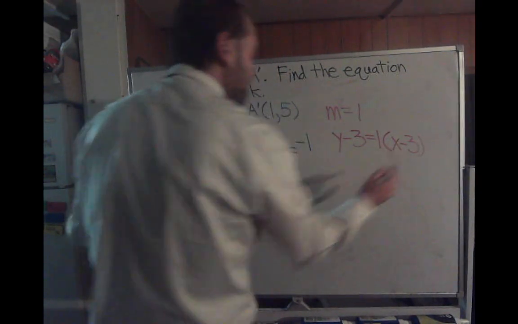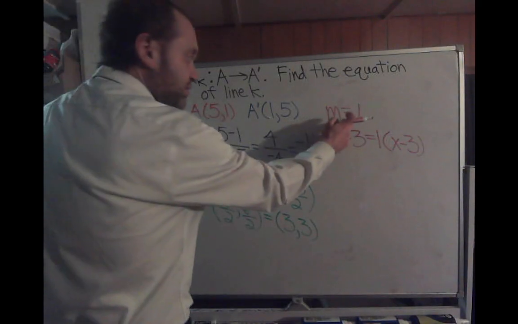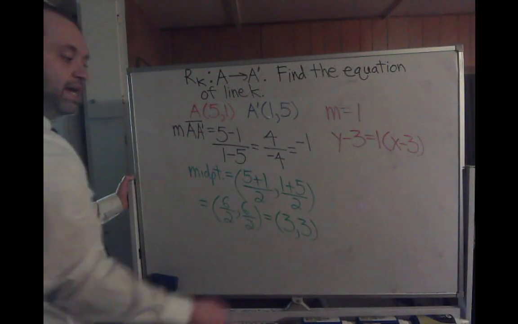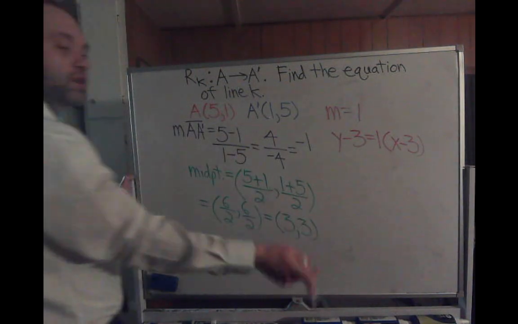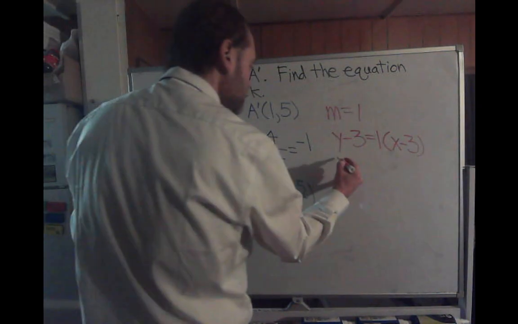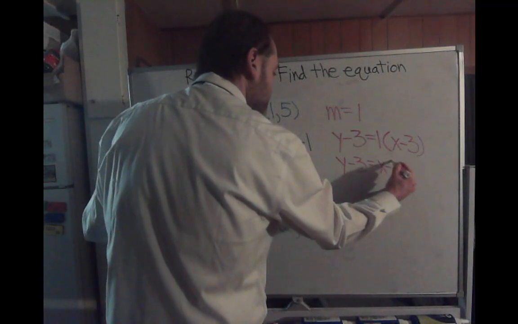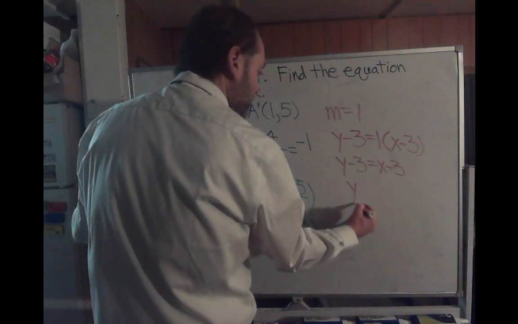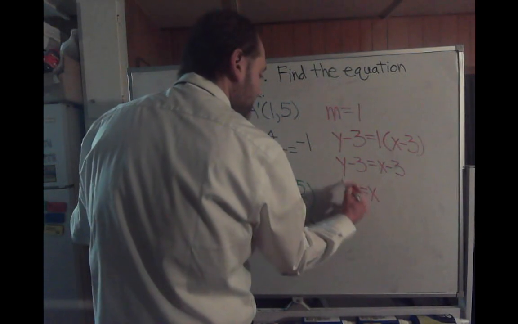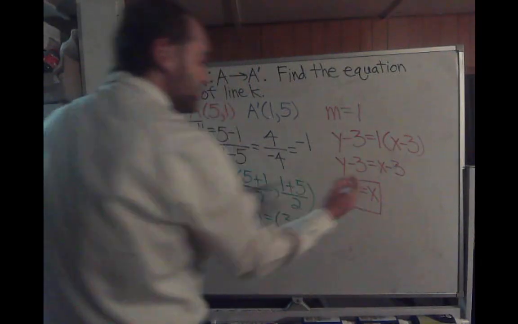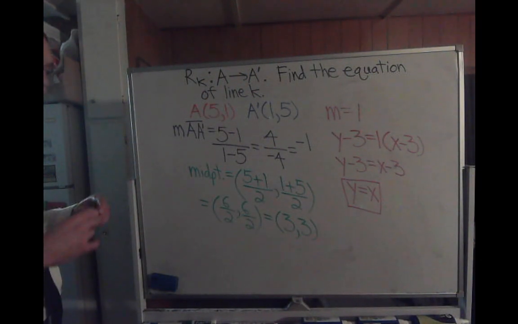You're taking the slope of the perpendicular line and the coordinates of the midpoint and putting that into point-slope form. This gives you y minus 3 equals x minus 3, which, what do you know, gives you y equals x. So the line of symmetry in this case is y equals x.